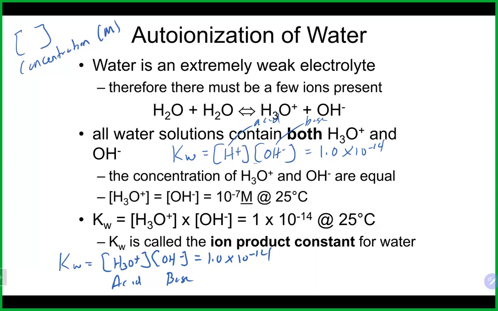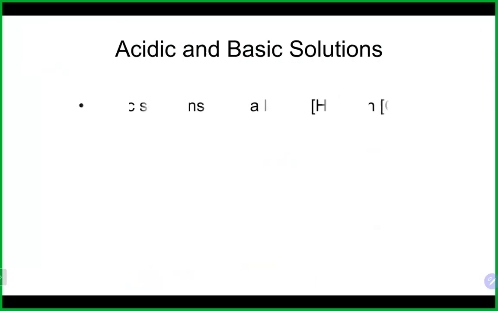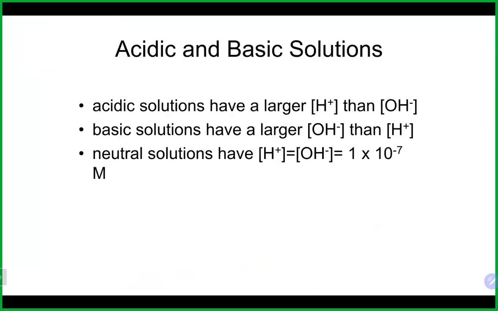And we could compare the concentrations to determine whether or not our solution will be acidic, basic, or neutral. If you calculate the H+ concentration and it is larger than the OH- concentration, so the acid part of the solution is bigger than the basic part, then the solution will be acidic.